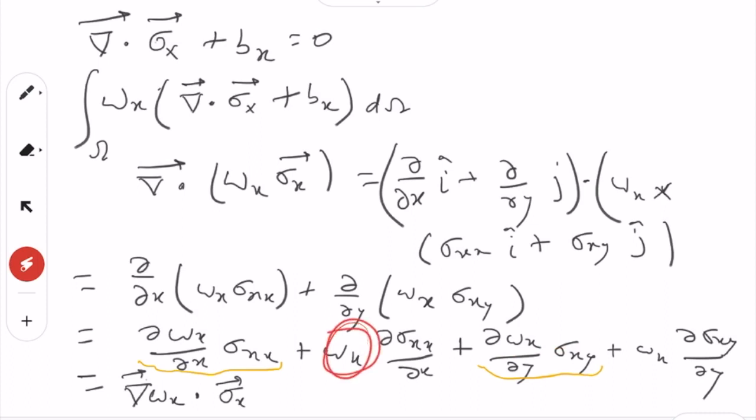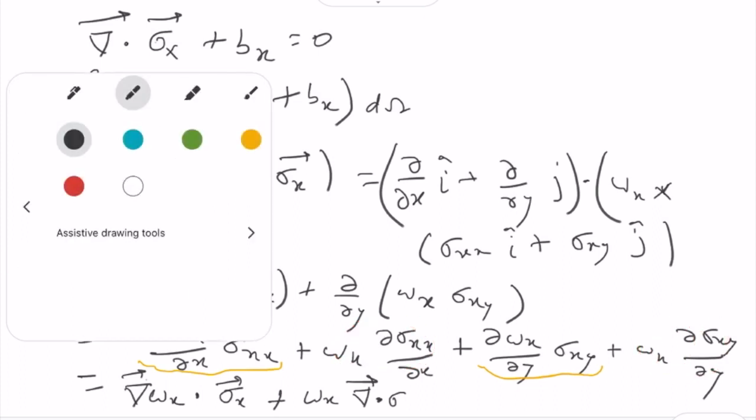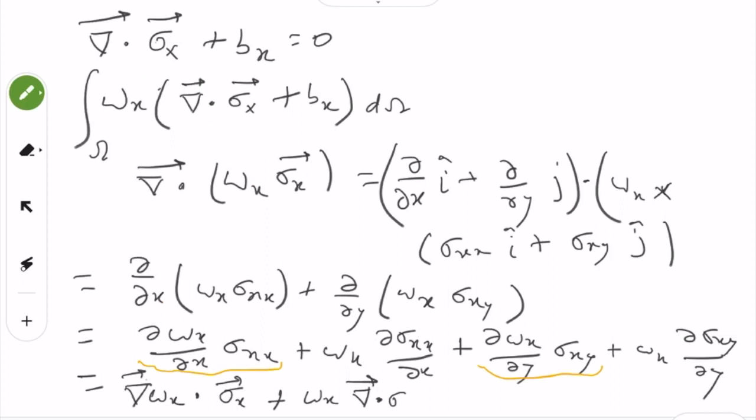Next thing is this. So what we see, plus wx and see what do we see here. So this and this, this will be simply gradient, divergence of sigma. So now next is this and this, yeah. Okay, so next thing is this one and this one.